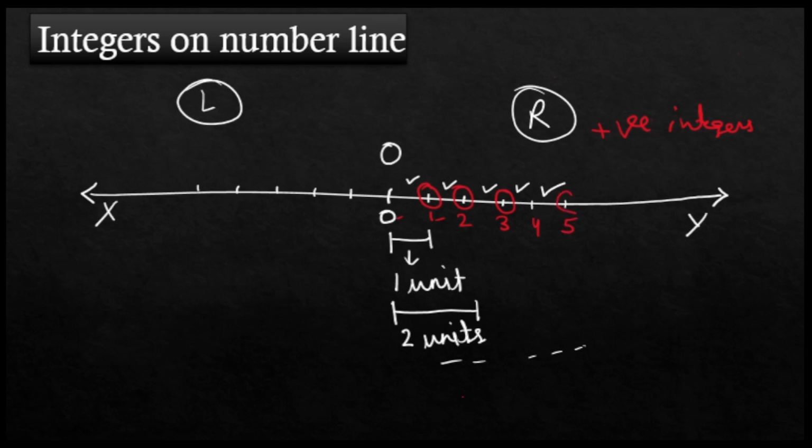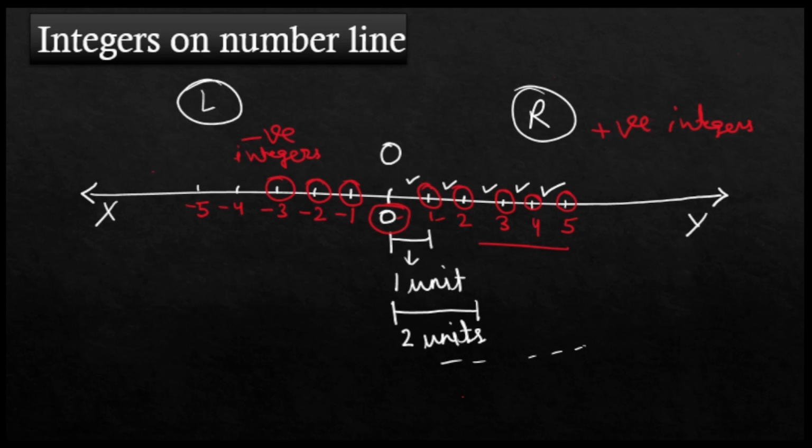So these points represent integers on the right side. The same way, points at the left side will represent negative integers: 0, -1, -2, -3, -4, -5.